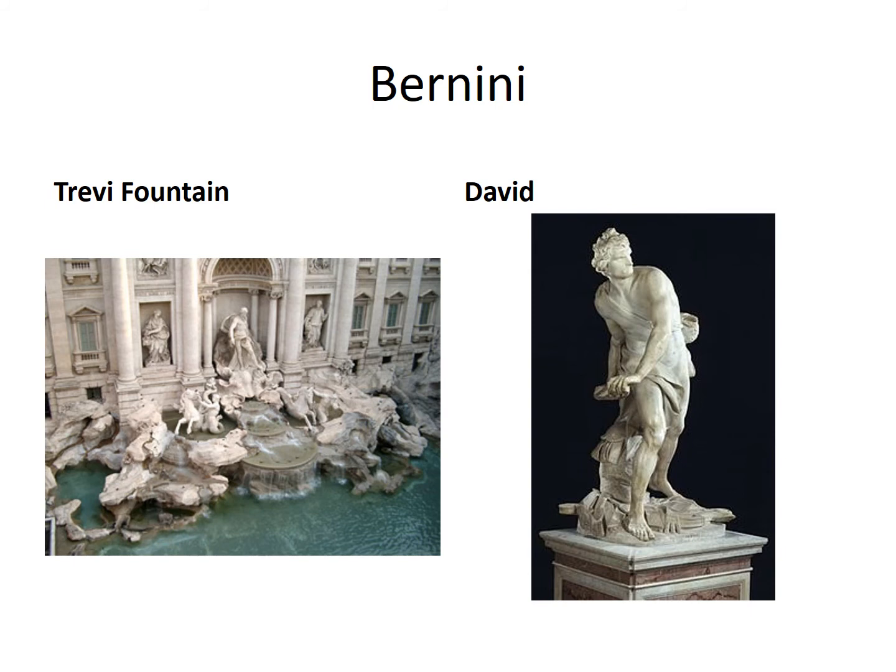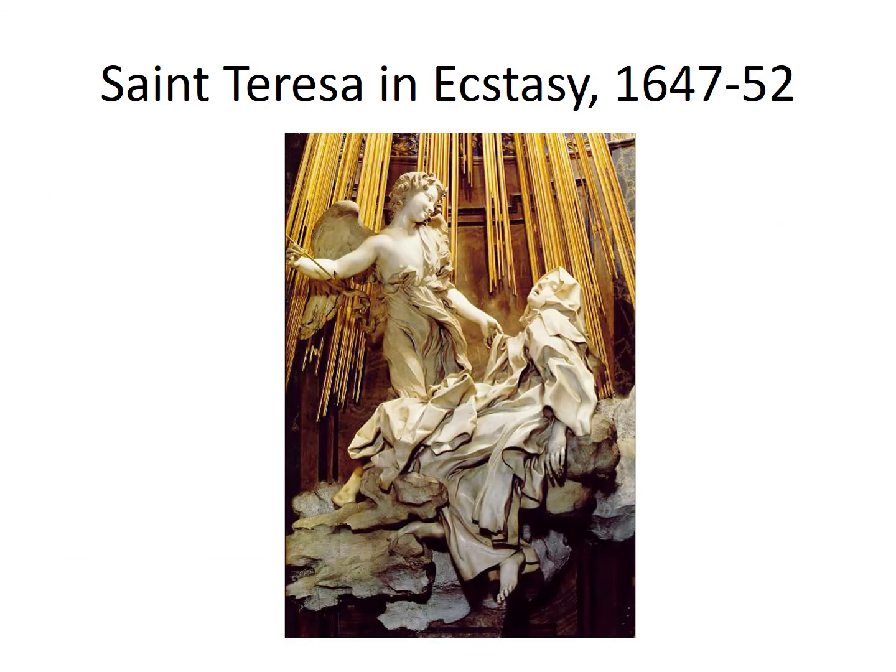And of course, his David, showing you a lot more emotion and movement. That's what you see in Baroque art. And of course, this is probably one of his most famous works, in St. Peter's Basilica, St. Teresa in Ecstasy.